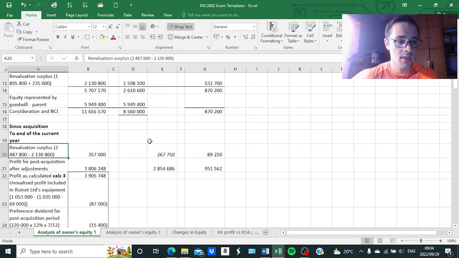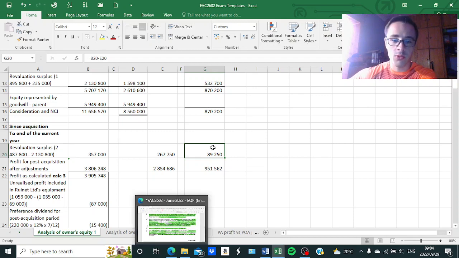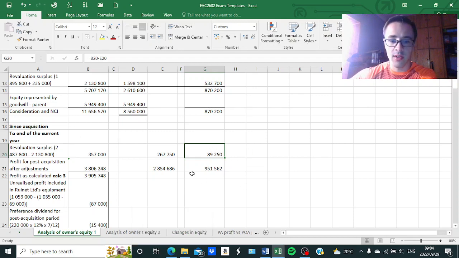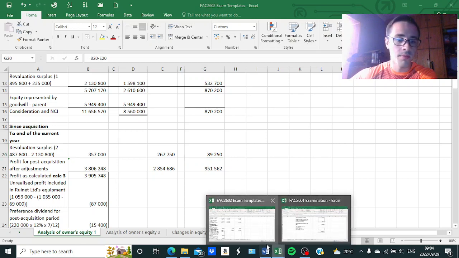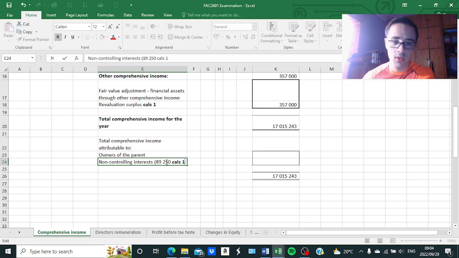We first take the portion of revaluation surplus, because remember, revaluation surplus is part of total comprehensive income. So we start with the 89,250, because that occurred during the post-acquisition period, so it's part of the group. That is 89,250, according to calculation 1.